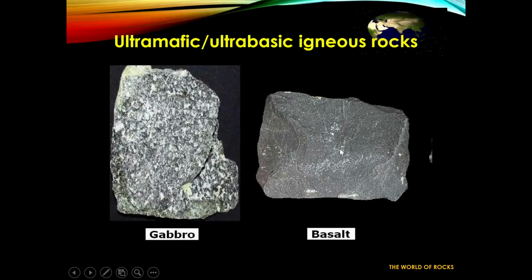Here the grains are very fine because the cooling rate is so rapid that they cannot crystallize within a short span of time. They quickly solidify. Here, the grains are very coarse and we can identify the individual grains. Dark and light colored minerals are present here.